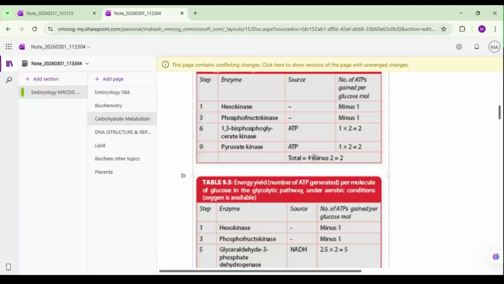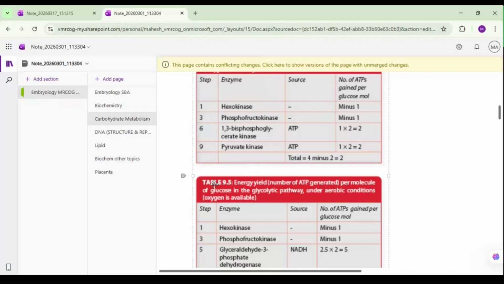So total 4 ATPs are getting formed. Out of 4, 1 and 3 are utilizing 2. Okay, so 4 minus 2 is 2. That is the total net gain under the anaerobic condition. Okay, because NADH will not give you ATP, because this NADH step 5 is coupled with step 10.